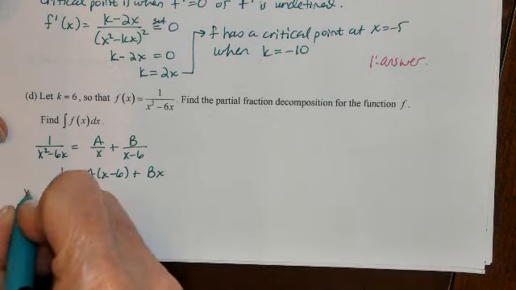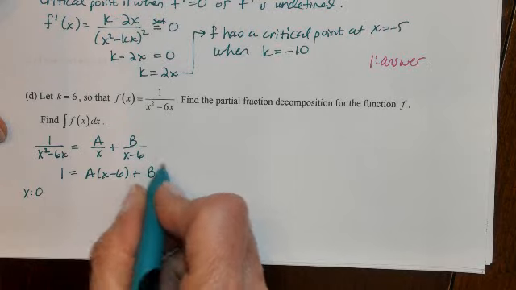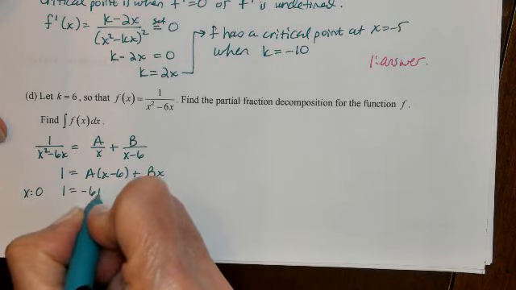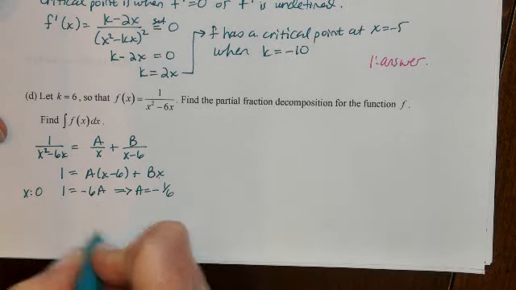We can let x be anything we like. I'm going to begin by letting x be 0. If I let x be 0, this term zeroes out, and I have 1 is equal to negative 6a, which means a is negative 1/6.